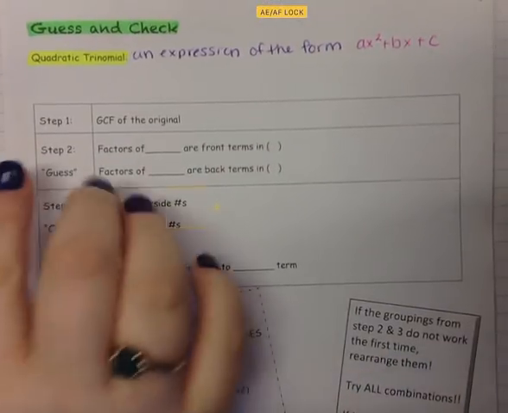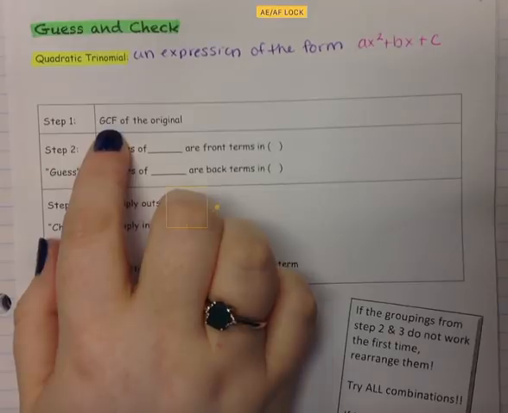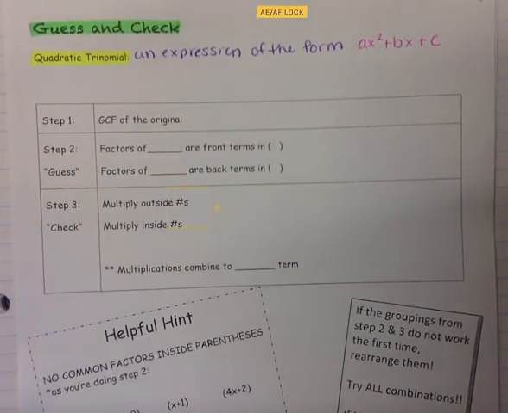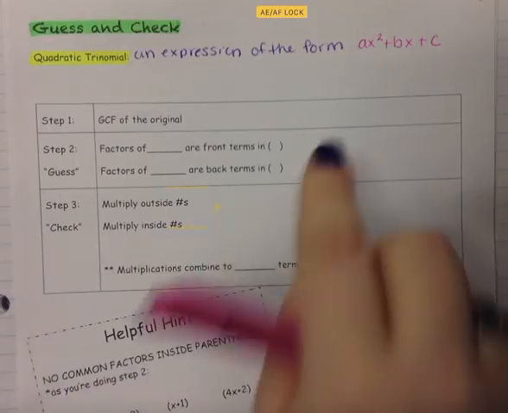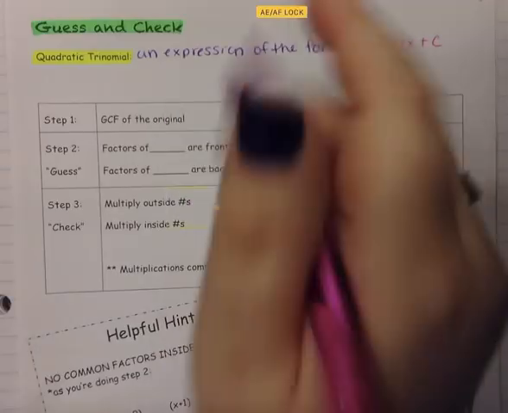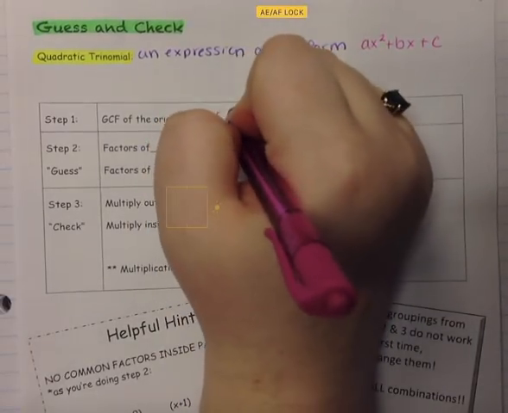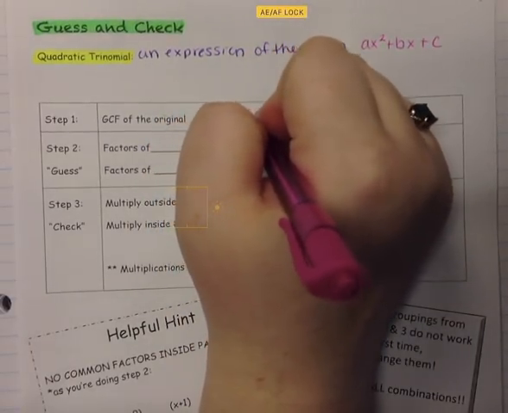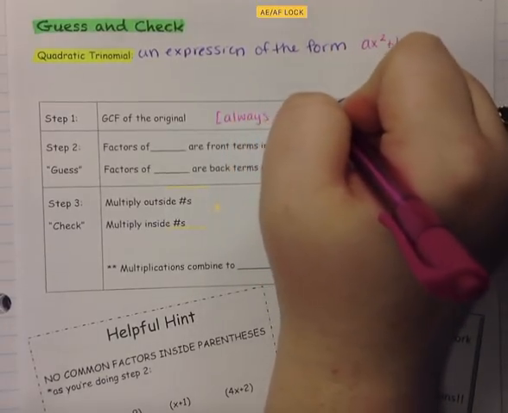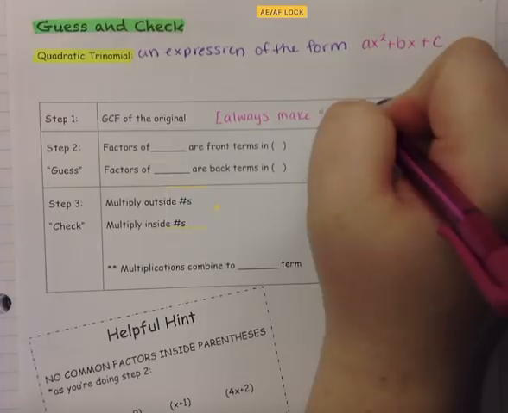So the first step, as for any factoring, is you take the GCF of the original. And I have said in an earlier video, if your leading coefficient, your a value, is negative, you always want to factor out the GCF as a negative. So you always want to make that a value positive.